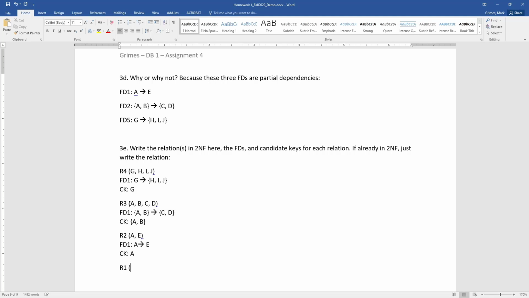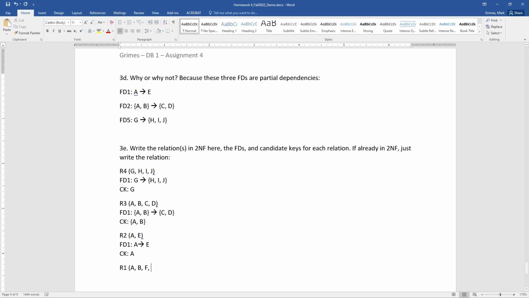And then relation 1, we're going to have all the attributes that were originally in relation 1, except for everything that we've moved out to other relations. But for everything we've moved out to other relations, we need to leave the determinant behind as a foreign key. So we're going to have A and B. We've moved C, D, and E out to these other relations, but we've left behind F. We had to leave behind G when we moved that functional dependency.